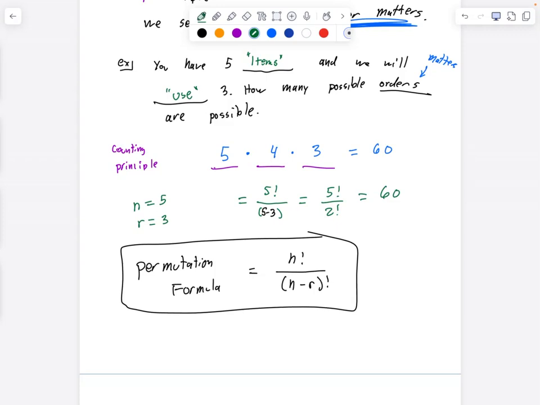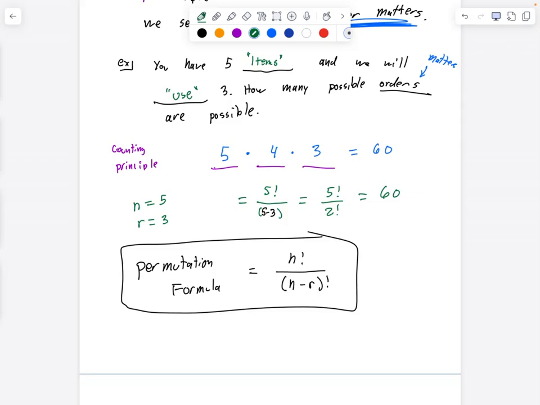Let's do another example. You have 6 items, which means they're all unique, and you're going to choose 2. How many orders? Okay, so basically I could use this formula.